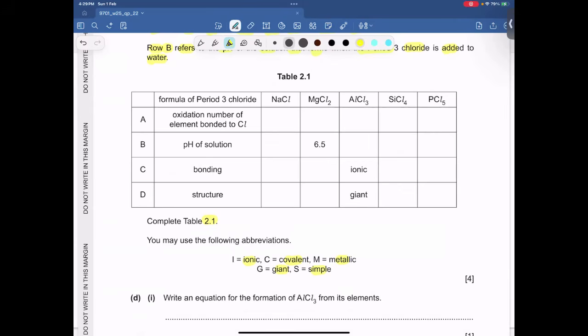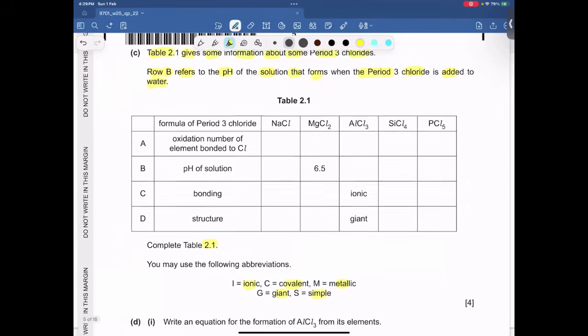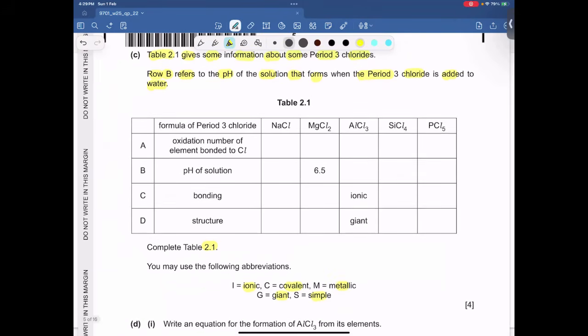The oxidation number of sodium in sodium chloride is +1. In magnesium chloride, +2. In aluminum chloride, +3. This is going to be +4, and this is going to be +5. In class, I told you the oxidation number increases because of the increase in the number of valence electrons. I hope it makes sense to you.